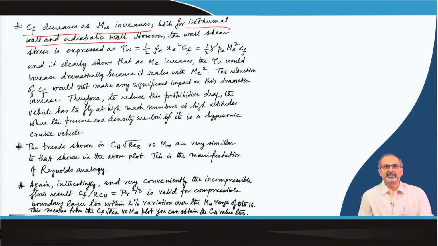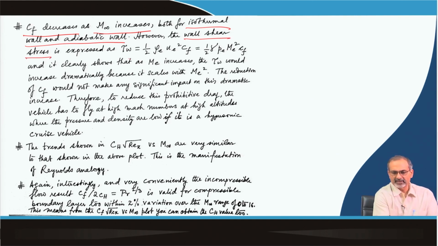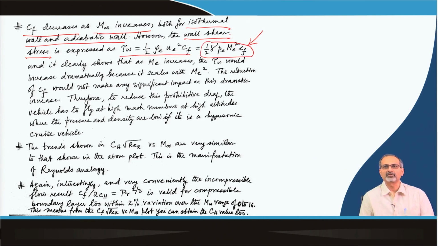However, we should not be misled that that also drives the dimensional values, because if you look at the wall shear stress, then how does it depend on Cf? It depends on half rho u e square times Cf. In terms of Mach number, this is how you represent it. This is a form which we more often use for compressible flows, half gamma P e m e square times Cf, and it clearly shows the quadratic dependence of tau w on m e.